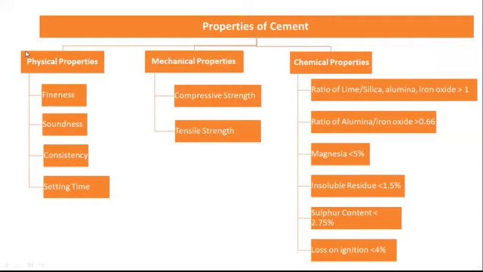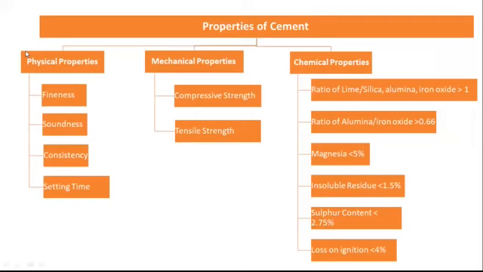Second, the ratio of the percentage of alumina to iron oxide should not be less than 0.66. The weight of magnesia should not exceed 5%. The weight of insoluble residue should not exceed 1.5%. Total sulfur content should not be more than 2.75%, and total loss on ignition shall not exceed 4%.